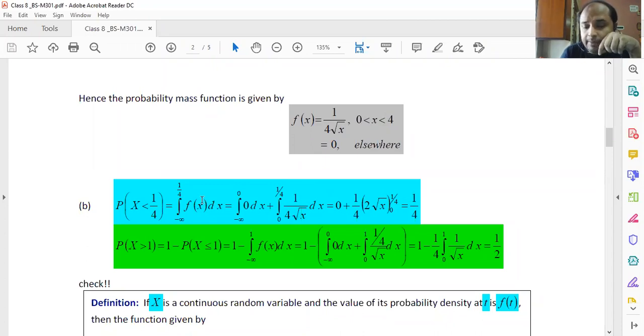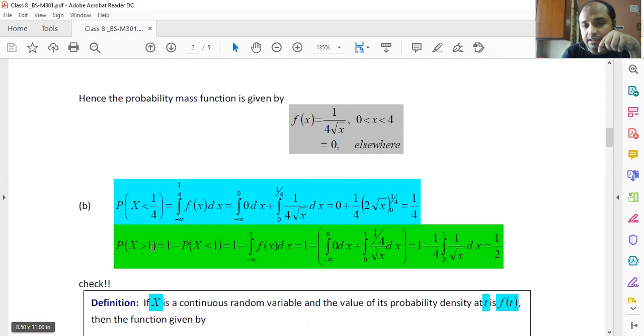You cannot substitute the value of the function instantly over here, because if we substitute fx equal to 1 by 4 root x in this particular step, that means you are sure that the functional value from minus infinity to 1 by 4 is that, but it is not true. So first you break it into two halves and then you substitute the value of the function. Now this becomes 0, and again you integrate and put the limits, and ultimately the probability will come out as 1 by 4. And if you think of this as an area, it will be 1 by 4 units.